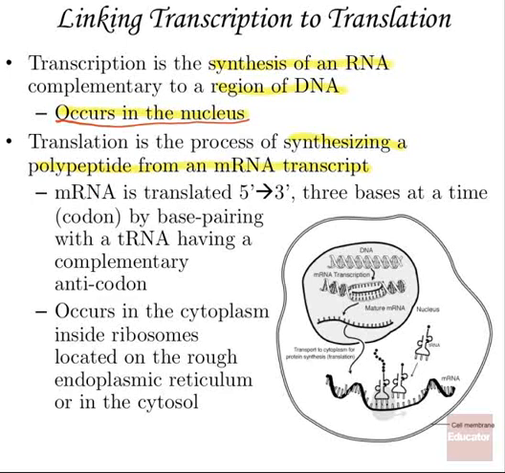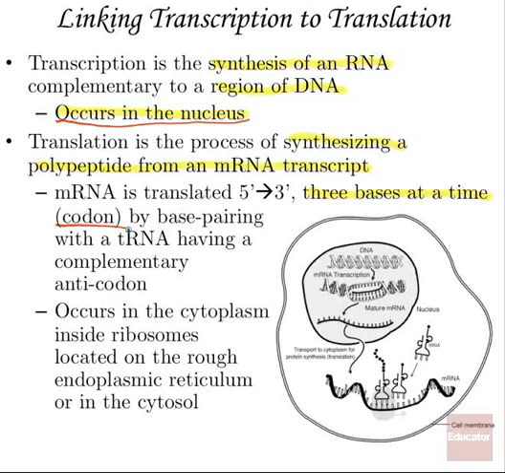All right, this is important to know. 3 bases at a time, which we call a codon. So each 3 base unit on an mRNA is called a codon. And each one of those codons will code for a specific amino acid or a stop.